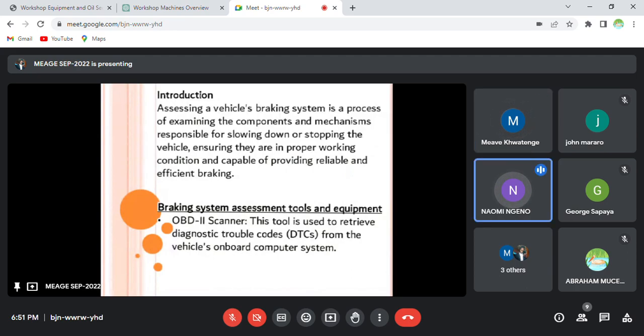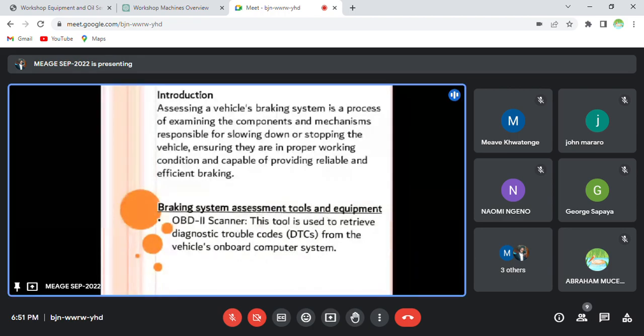Assessing a vehicle braking system is a process of examining the components and mechanisms responsible for slowing down or stopping the vehicle, ensuring that they are in proper working condition and capable of providing reliable and efficient braking. Thank you. That is the meaning of assessing a vehicle braking system.